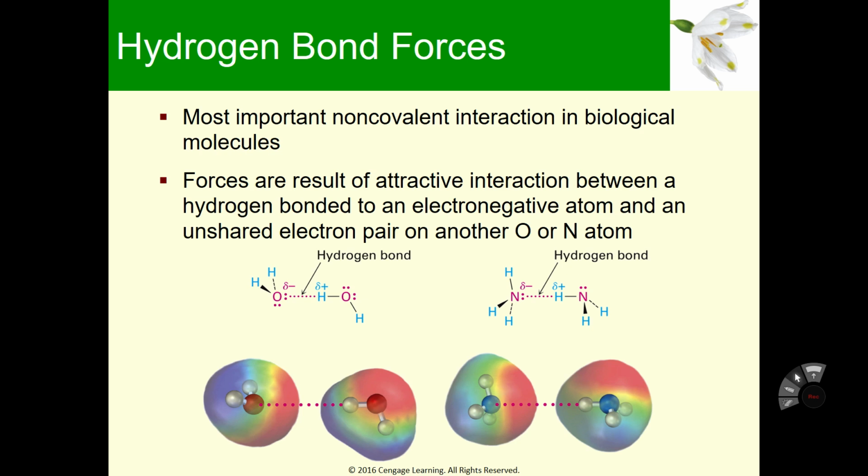Hydrogen bond forces is the hydrogen bonding force between hydrogen bonding donor and hydrogen bonding acceptor molecules. Like water molecules, you have hydrogen bonding between water molecules, or ammonia molecules, you have hydrogen bonding. Okay, because water has a hydrogen bonding donor and hydrogen bonding acceptor.